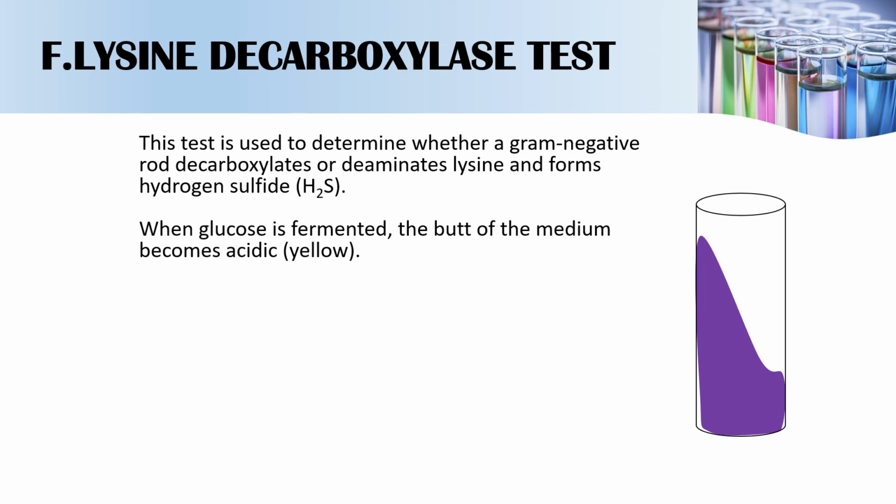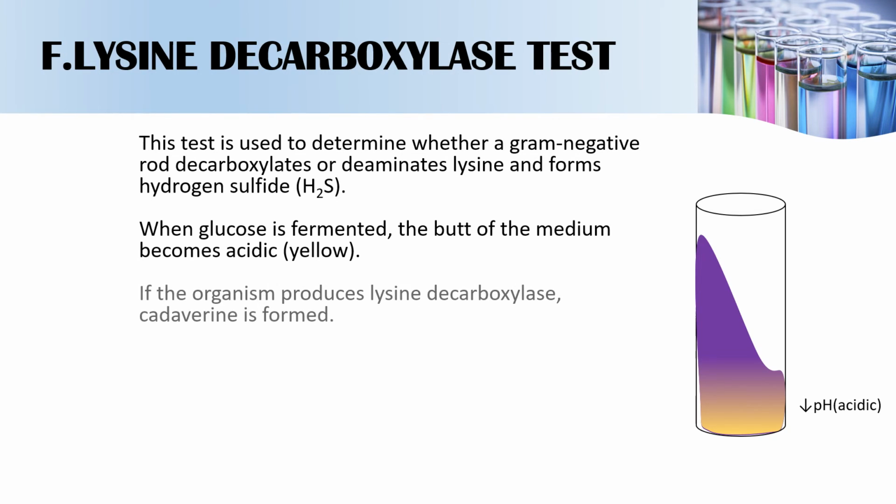When glucose is fermented, the butt of the medium becomes acidic or yellow due to the low pH. If the organism produces lysine decarboxylase, cadaverine is formed. Cadaverine is a compound that neutralizes the organic acids formed by glucose fermentation, and the butt of the medium reverts to the alkaline state or purple due to the increase in pH.